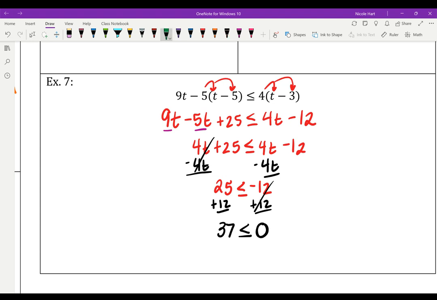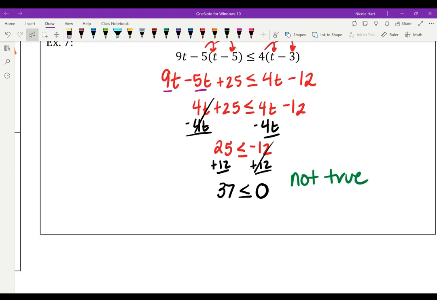So again, this is not true because 37 is much larger than 0. So if it's not true, no real solutions. And if there's no real solutions, we don't have anything to graph.